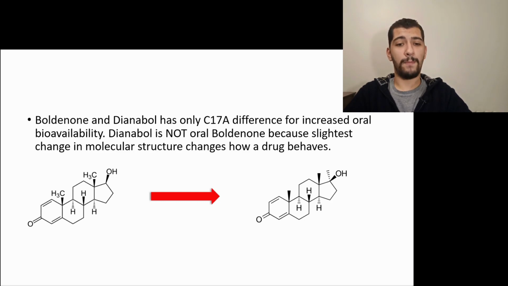Boldenone and dianabol are also structurally very similar drugs. You may have heard that some people call dianabol an oral boldenone, and unfortunately it is not, because adding a 17-alpha alkyl group, this time a methyl CH3 group, drastically changes how a drug works again.